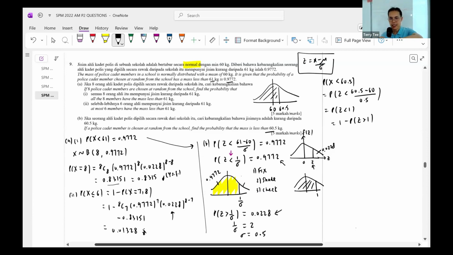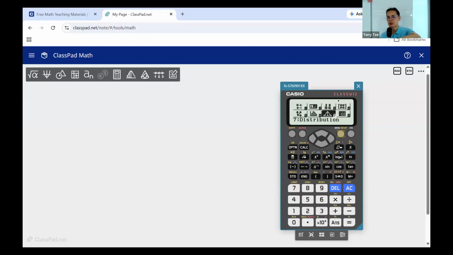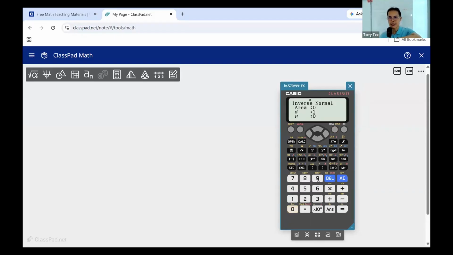Okay, let's say I use my calculator here, press menu, press 7, go to number 3. Number 3 is inverse normal. Okay, let's say if I use 0.9772, I will get, press equals, I'll get 1.999, which is 2, isn't it?